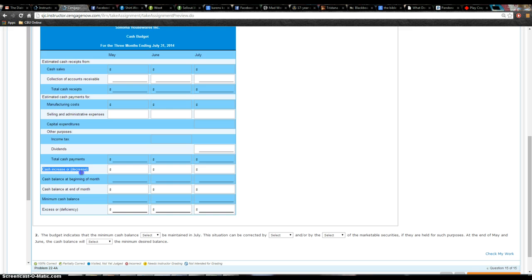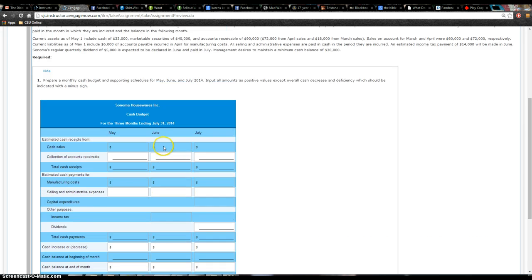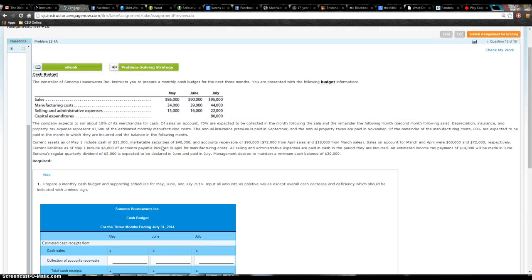Then we need to give it cash increase or decrease, cash balance at the beginning of the month, cash balance at the end of the month, minimum cash balance, and then if there's any excess or deficiency versus that minimum cash balance. So that's what we're going to do.